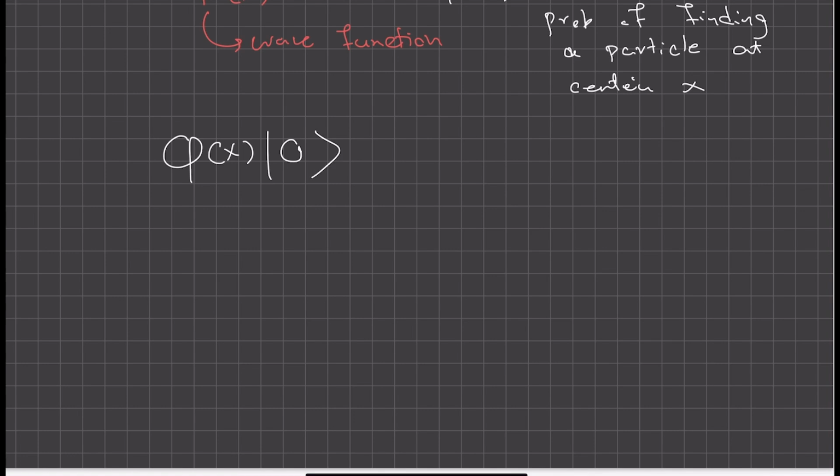This is how I do it: phi of x, the Klein-Gordon field, acting on the vacuum creates a particle. And now I try to project that particle to have the momentum P. So that's again a one-particle state.